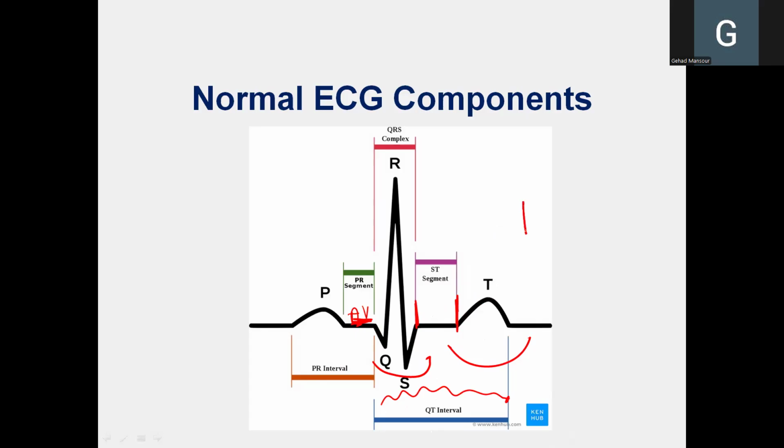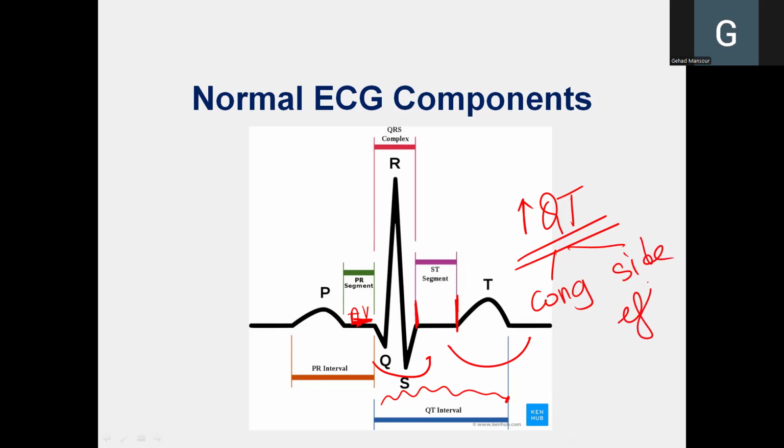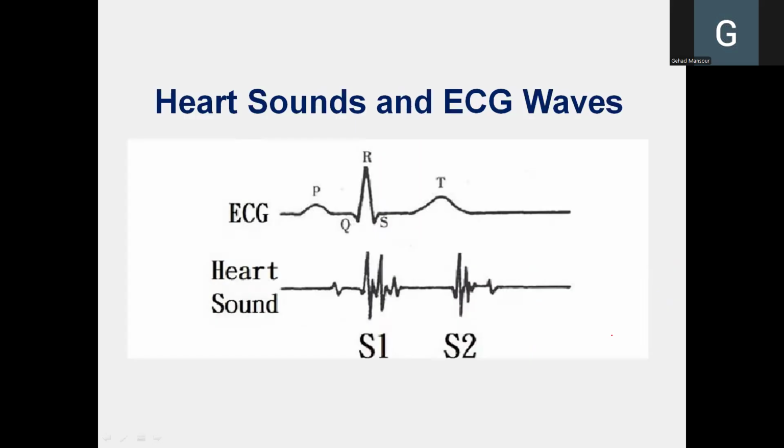And here we have to mention that a prolonged QT interval, whether it is congenital or a side effect of medication, is very important to detect, because a prolonged QT interval might change into a fatal ventricular arrhythmia.